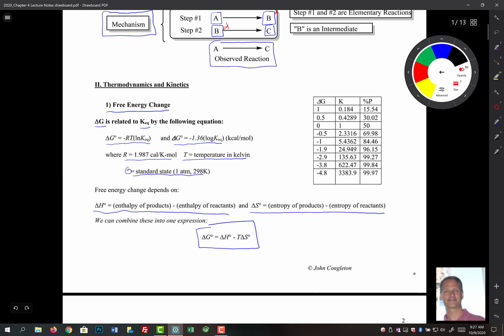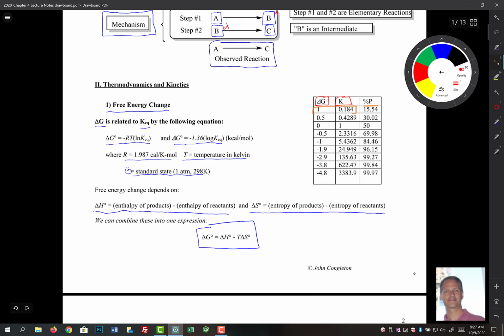And I wanted to give you guys a little table here. So here is our delta G value, right? So here's our delta G, and here is the K value that you would get from calculating that delta G and incorporating it into the formula that we see over here on the left-hand side. So a delta G of 1 gives us a Keq of about 0.184.